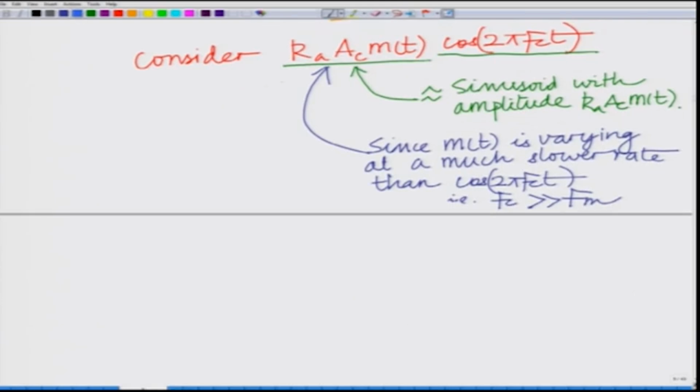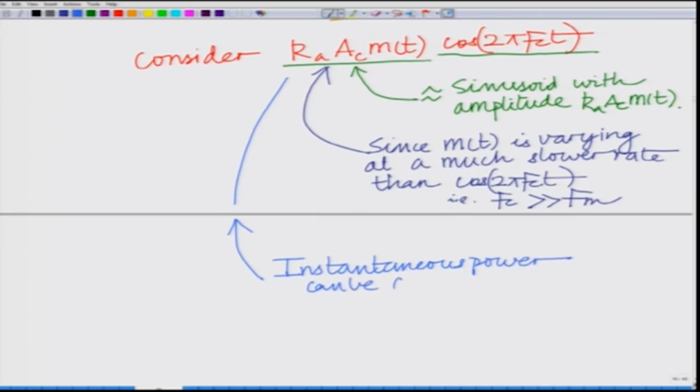Therefore, the instantaneous power of this can be approximated as half this amplitude square, that is half k_a square A_c square m square t.